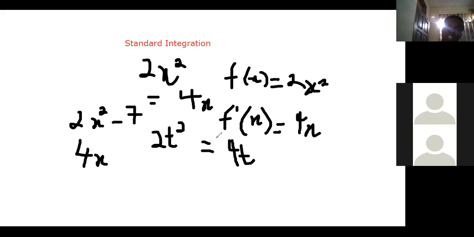Now when I integrate this, I'm supposed to get 2t squared again plus c. And I've shown you why there's going to be the plus c. You always add a plus c in order to account for any constants in the reverse process. Now, bear with me, I want to clean the board.